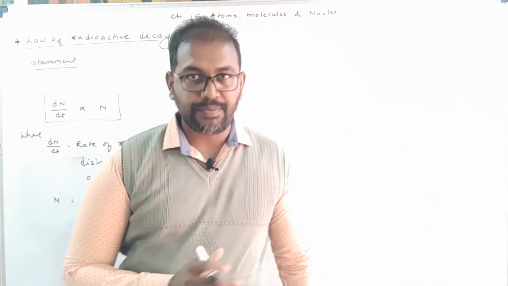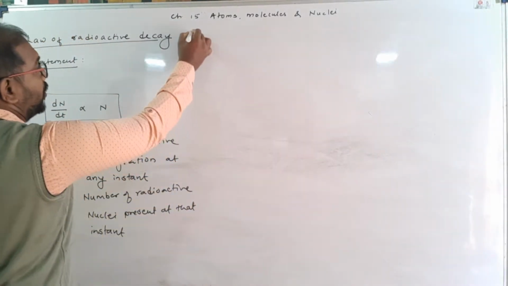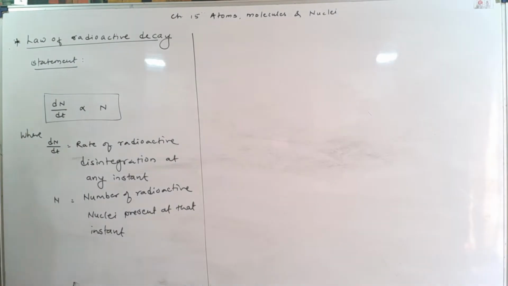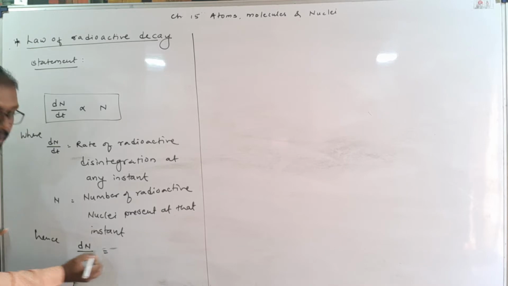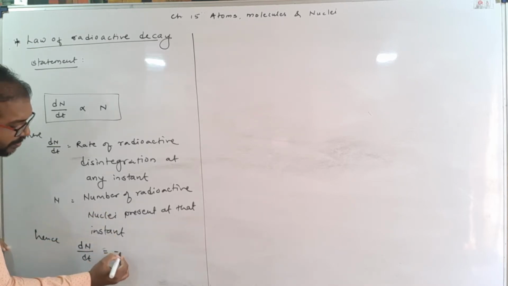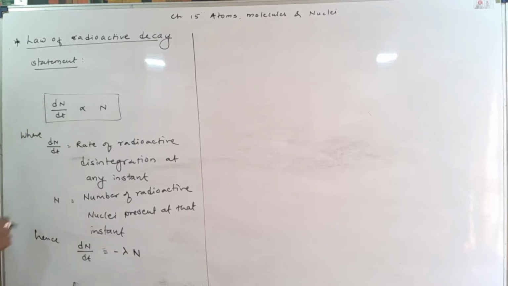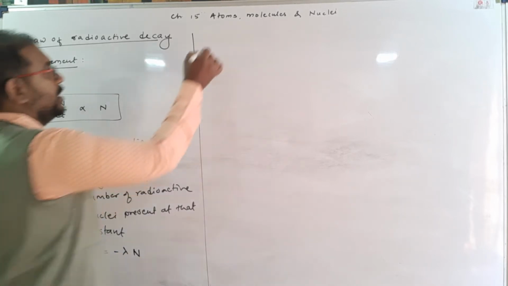Now let's learn this article further. Here we can write the same formula: dN by dt is equal to minus lambda N, where lambda is a constant called the decay constant.